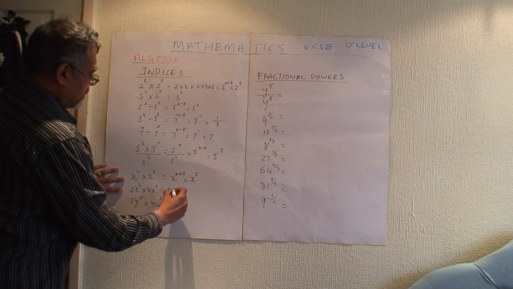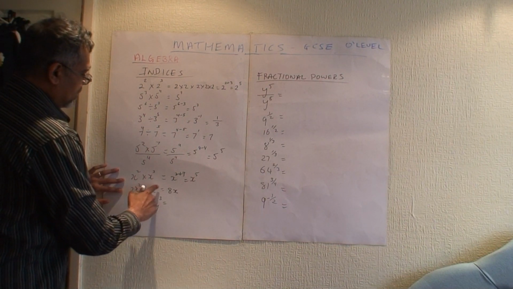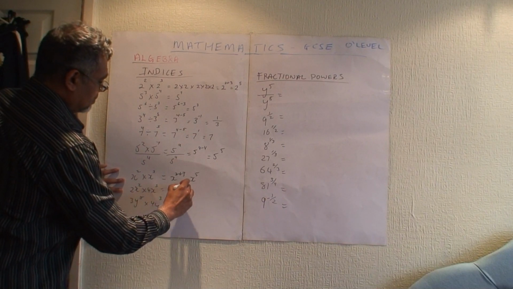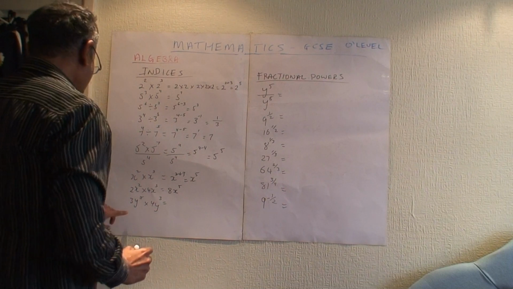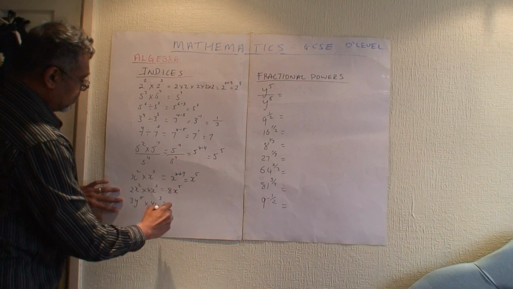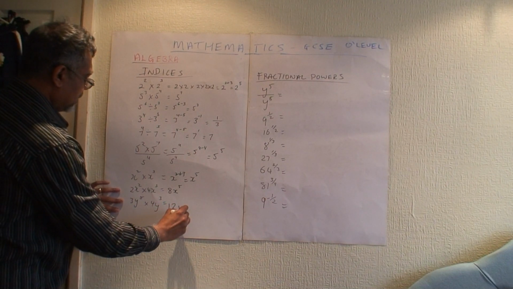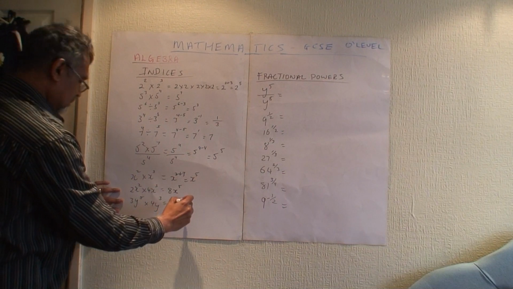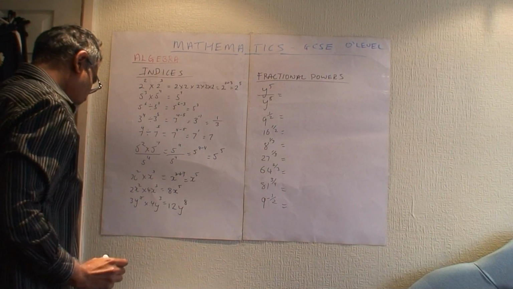Okay, then we bring the x here, and then we add the powers. It's 8 x to the power of 5. Okay, similarly here, 3 multiplied by 4 is 12. Okay, so y, add the powers, okay, and that's 8.